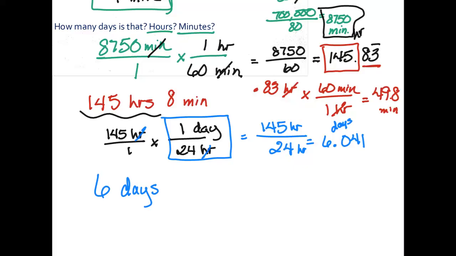Let's take this 0.041 days. We know there is 1 day in 24 hours.